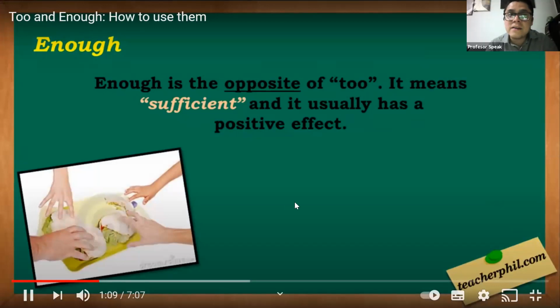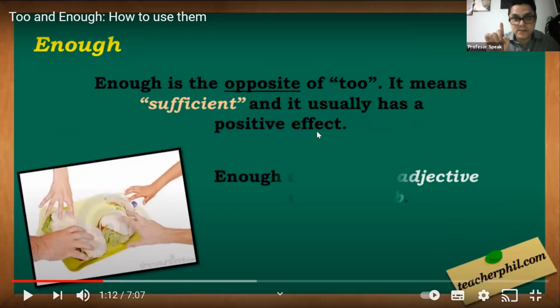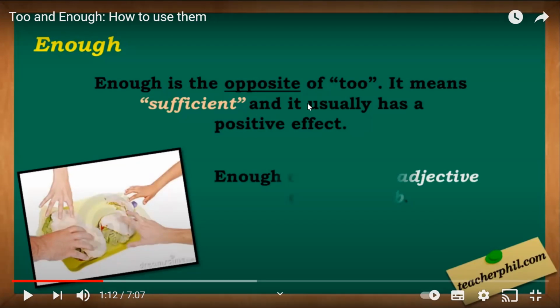On the other hand, enough usually has a positive effect, usually, okay, usually. It may have a negative, right, as the example that Martita was giving, okay? Teacher, the video said only the positive or the sufficient.